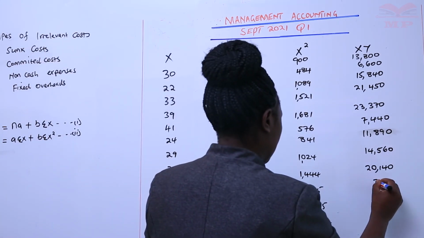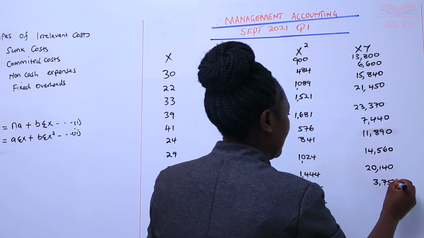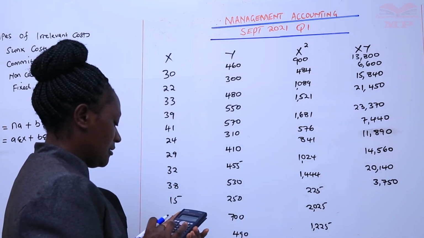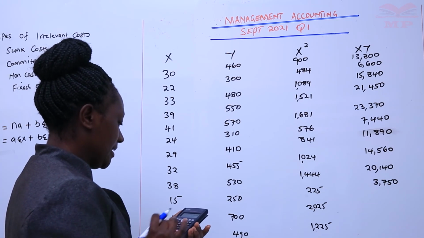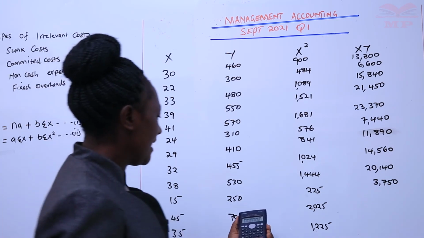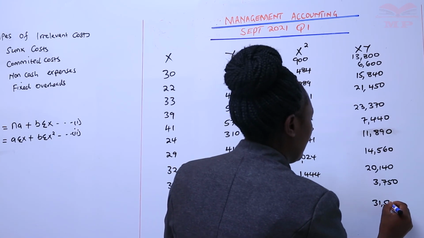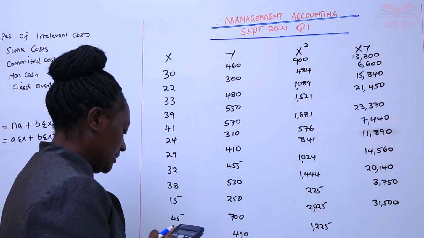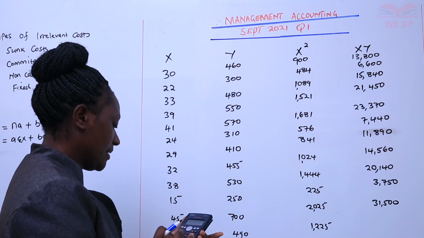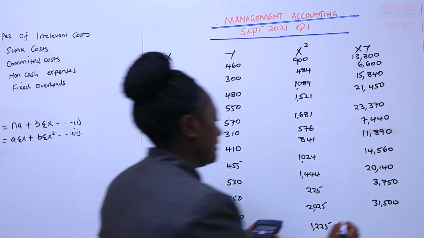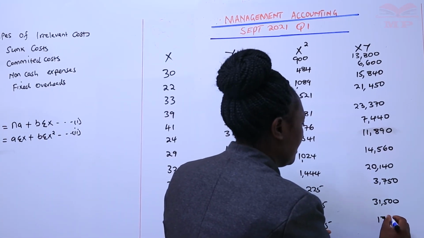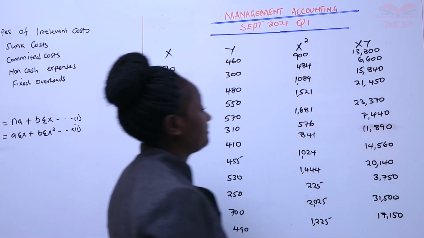This will give us 3,750. Then 45 multiplied by 700 will give us 31,500. And the last one is 35 multiplied by 490, which will give us 17,150.